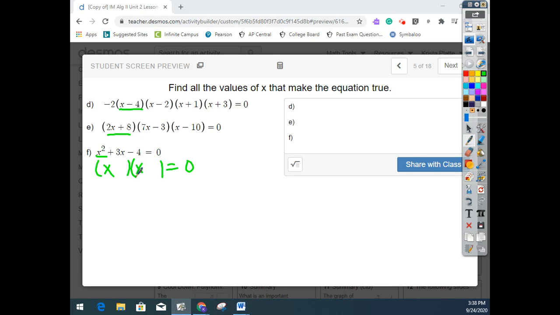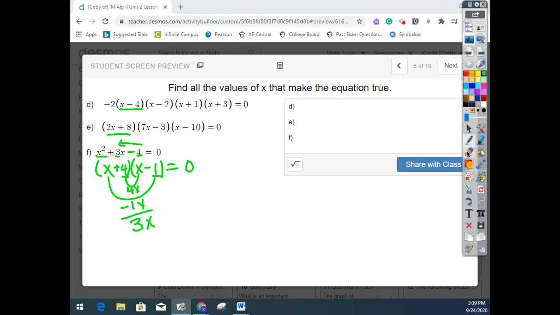X and x, think backwards. These have to be multiplied to get 4, and they have to subtract to get 3. So 4 and 1, 4 times 1 is 4, and then plus 4 minus 1. The 3 comes when you distribute the inside and outside pieces, because you get 4x minus 1x to get a positive 3x.